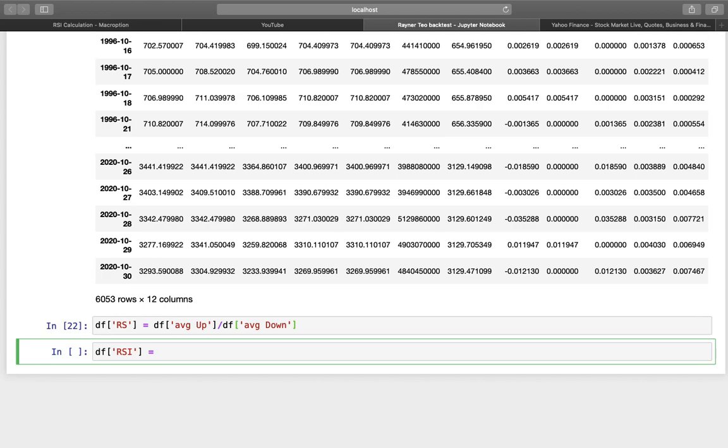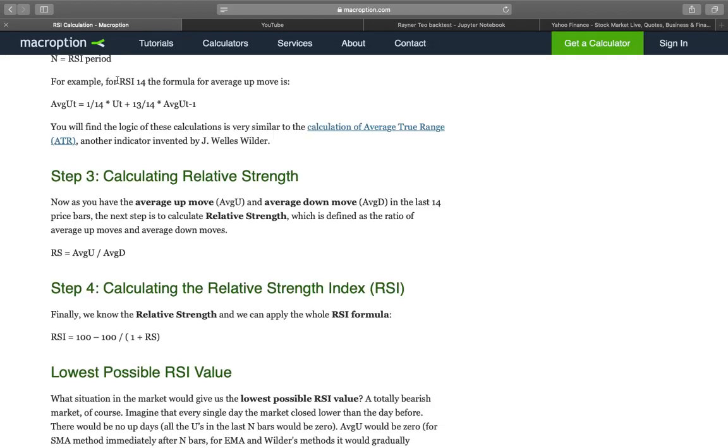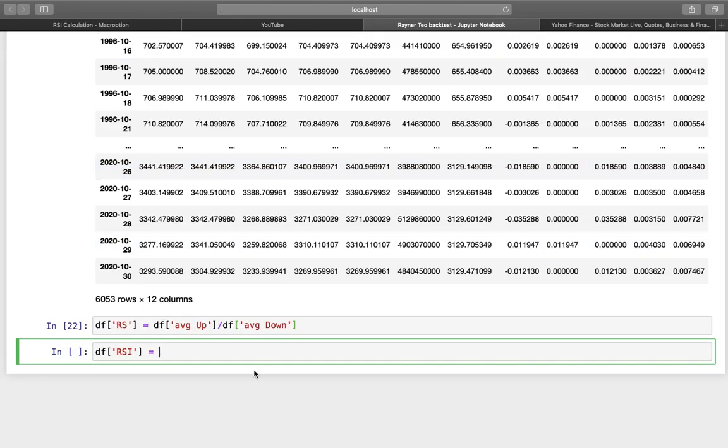And now we are using a similar logic to above when applying this lambda function. So we want to apply this RSI function which we just saw to every single RS value. So we can again use df, access the RS column, and just apply a lambda function.